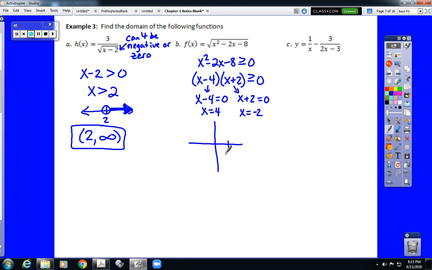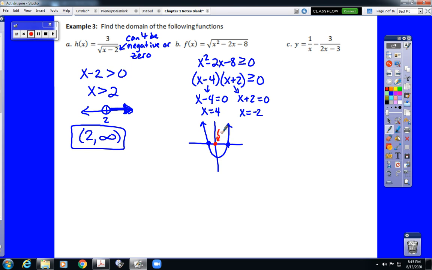So 4 and negative 2, we have these closed circles, and we have some parabola that is passing through those points. So what's important is that we figure out whether we're shading, because this is a shading question, whether we're shading inside the parabola or if we're shading outside the parabola, because it's got to be one or the other. So what we do to figure that out is we simply test a point.